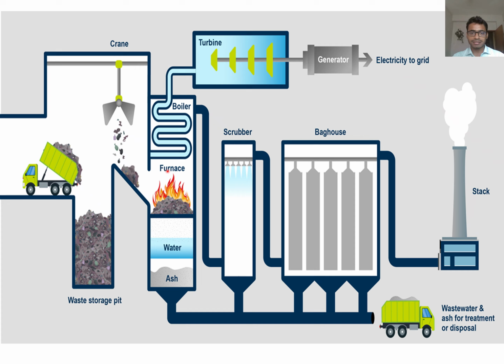The gas is also collected and cleaned this way. Wastewater and ash for treatment or disposal go through here. So you can see how we utilize our waste for generation of electricity, and the remaining waste after treatment is sent for disposal. These are the common processes for incineration. Actual incineration takes place here. This is the actual location, and the scrubbers and bag house are just for emission of the gases.